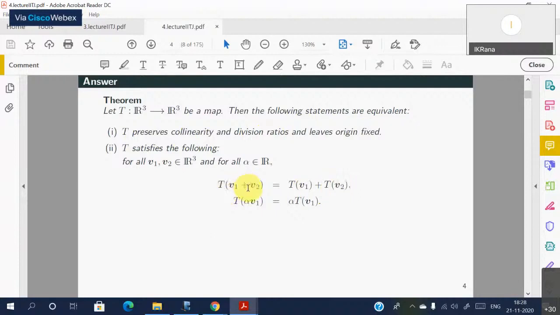The image of the sum should be equal to the sum of the images, and the image of a scalar multiple should be equal to the same scalar multiple times the image. So if these two properties are satisfied, then that is equivalent to saying T preserves collinearity and division ratios. One can actually prove this result. So let me just sketch through the proof.